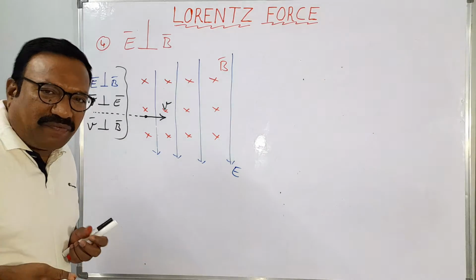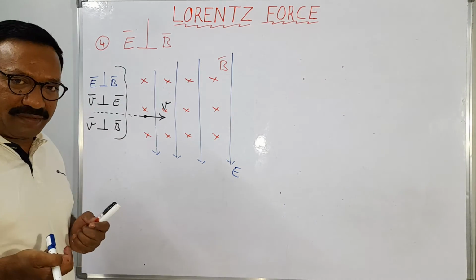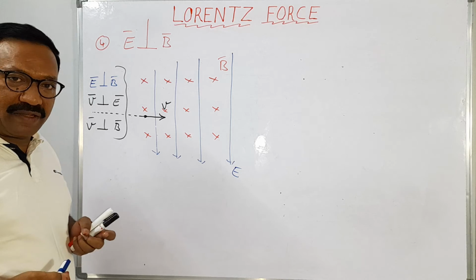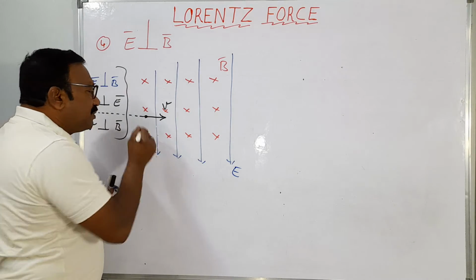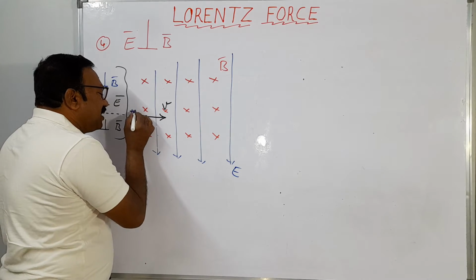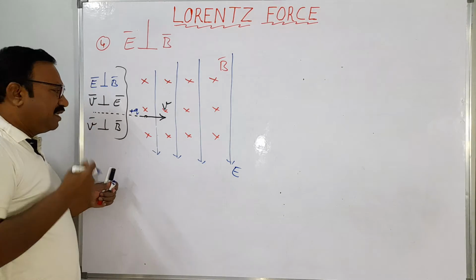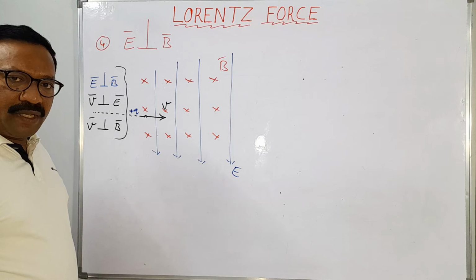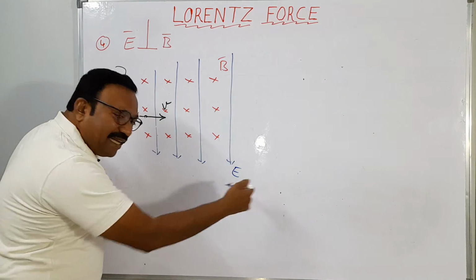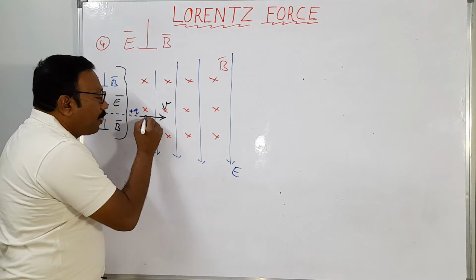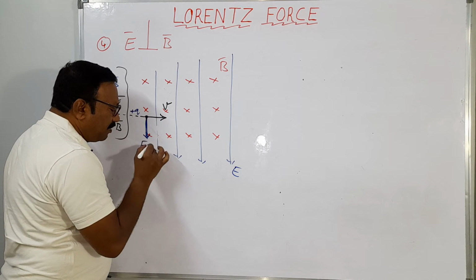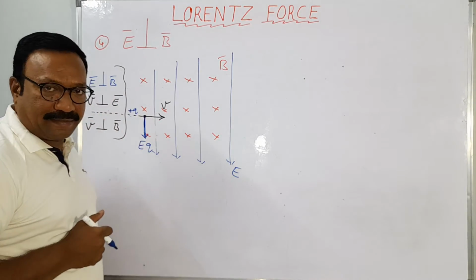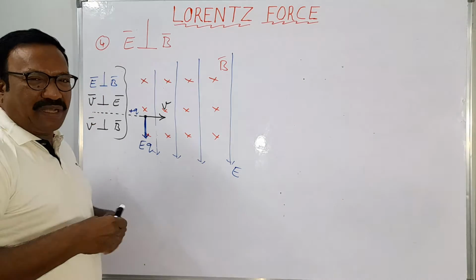Let me calculate the forces on this. Lorentz force, both electric and magnetic forces. So the electric force will be acting downwards because this is a positive charge only. Generally, if I don't mention, it is a positive charge. It will experience a force in the direction of the field, EQ. So the force EQ will act downwards. Next, the force due to the magnetic field.